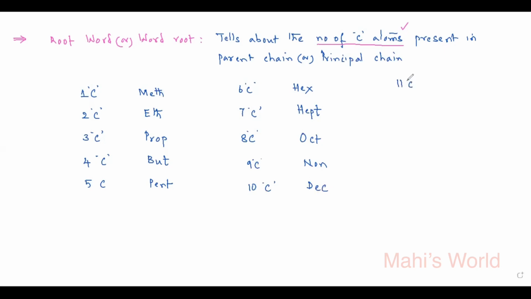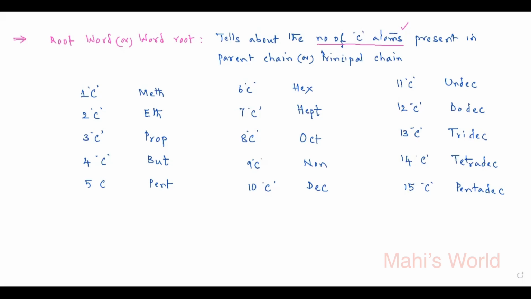Similarly, if you have 11 carbons, it is called undec. 12 carbons, dodec. 13 carbons, tridec. 14 carbons, tetradec. 15 carbons, pentadec. Like that, 16 carbons, hexadec. 17, heptadec. 18, octadec. 19, nonadec.